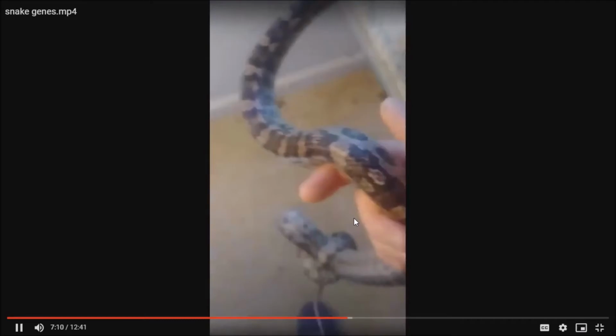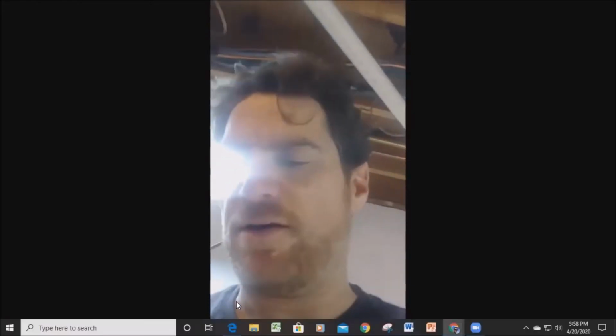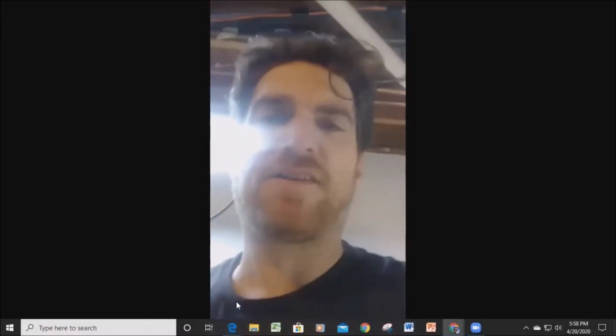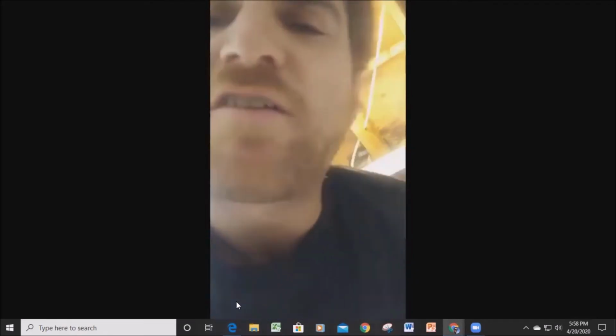There we go. Now, when these two mated, every one of their babies came out making the black pigment. That kind of lets me know that they're not carriers for the gene that is defective for making melanin, because if they were, chances are there would have been a snow corn.